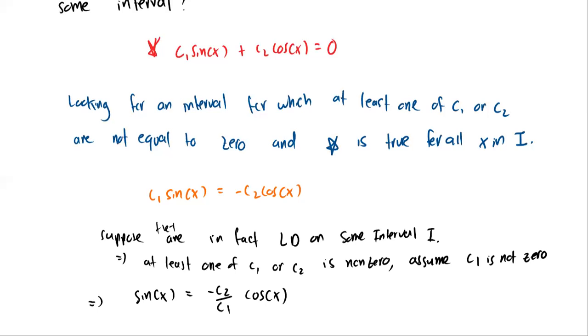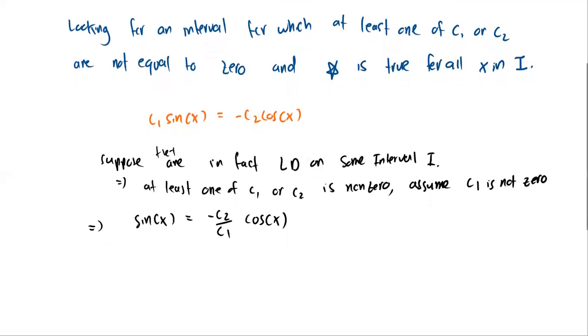Remember that all that happens when you multiply by a constant is to either stretch or compress cosine, or reflect about the x-axis. So compare the graphs of sine and cosine. There's no way to compress or stretch cosine x vertically, or reflect about the x-axis, for the graphs to match, for the functions to be equal. So in fact, this is impossible.